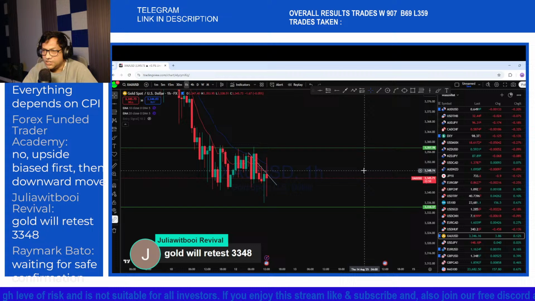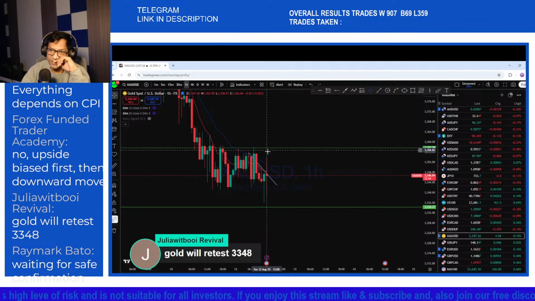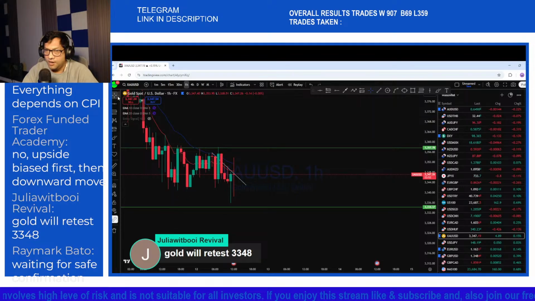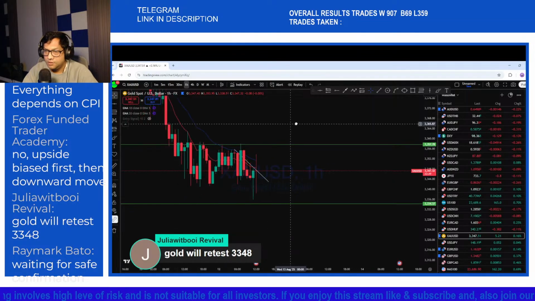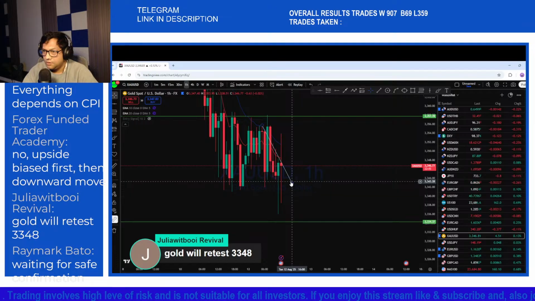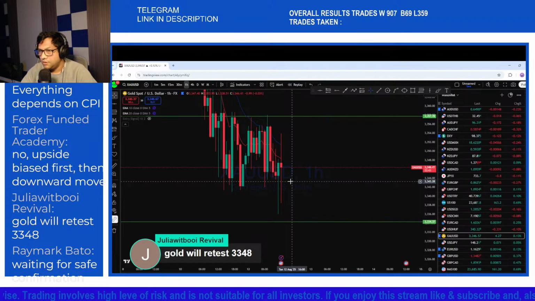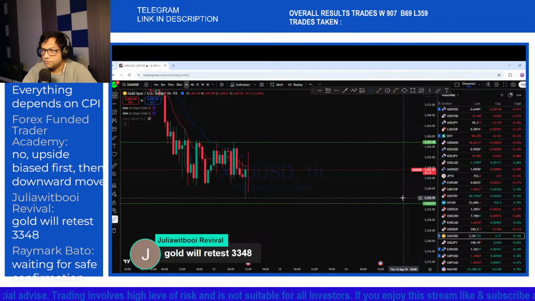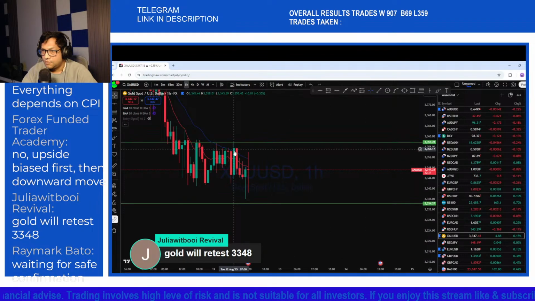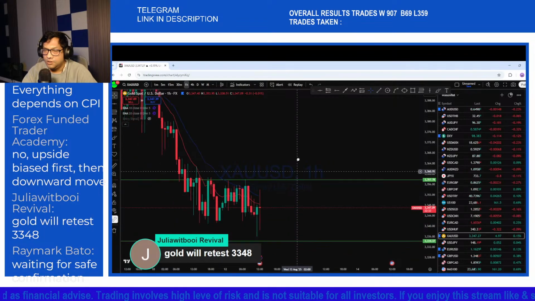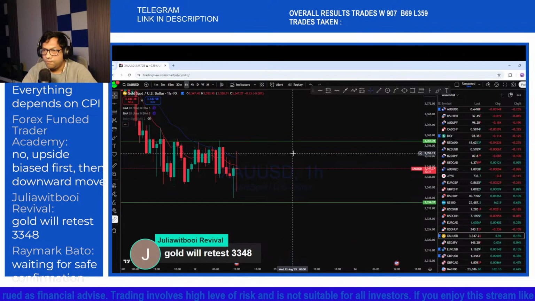The market has tested this 20 EMA, and we can see there is a 10 and 20 EMA retest crossover from that.